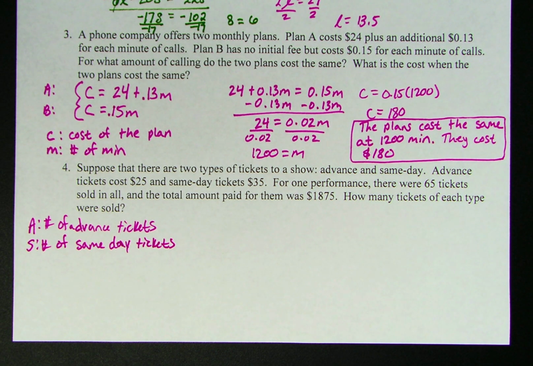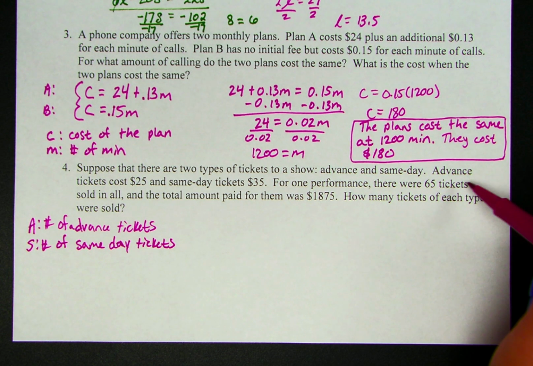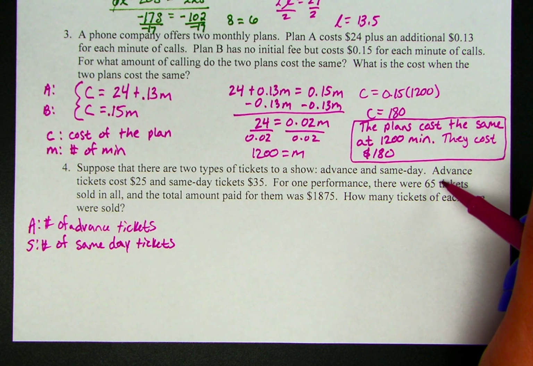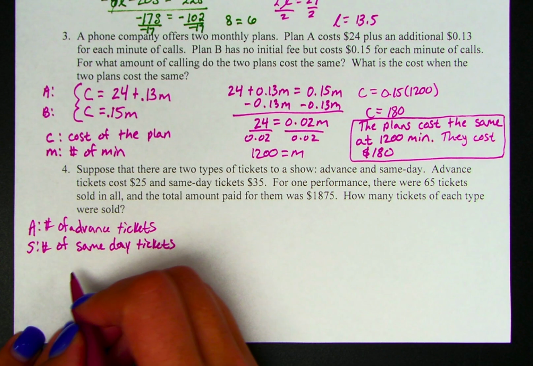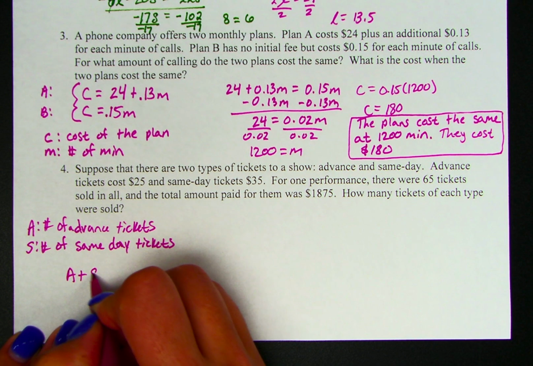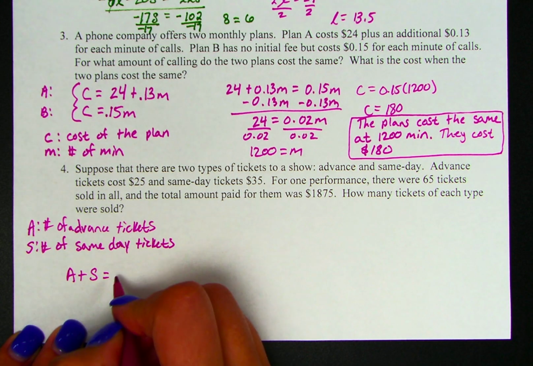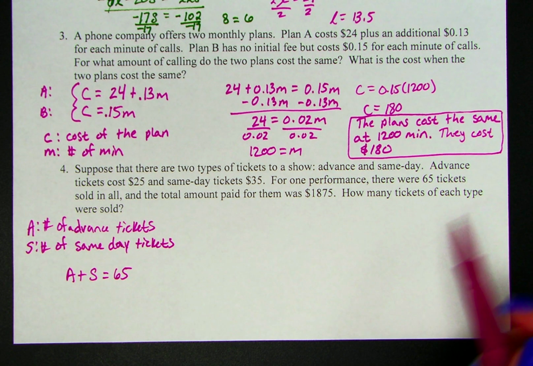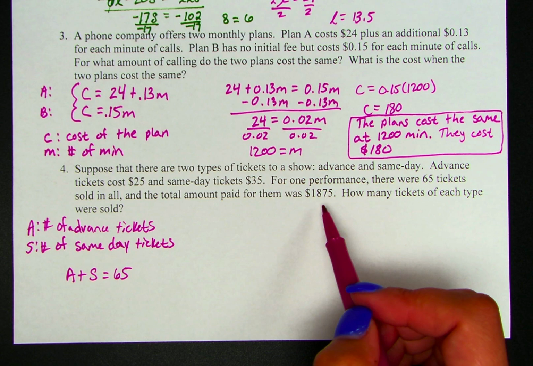All right, so looking at this, we have something dealing with the number of tickets being sold. So if I'm just talking about the number of tickets that are going to be sold, we would just take how many advanced tickets plus how many same day tickets. So that would just be A plus S equals 65. And then here for this total, we're talking about the amount made for the show.